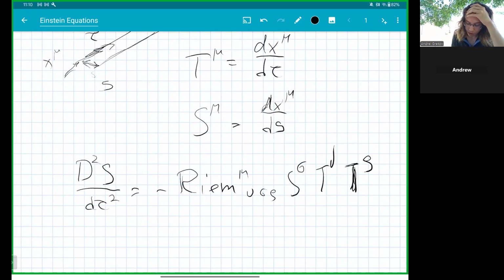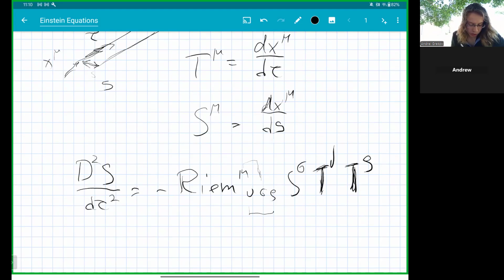Notice, by the way, that the Riemann tensor has symmetry in the indices nu rho and mu sigma. So if we define the Riemann tensor as a quadratic form on a pair of vectors t and s, it's enough to determine it completely.